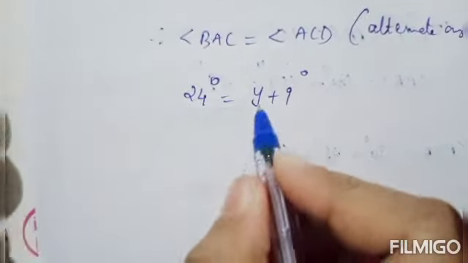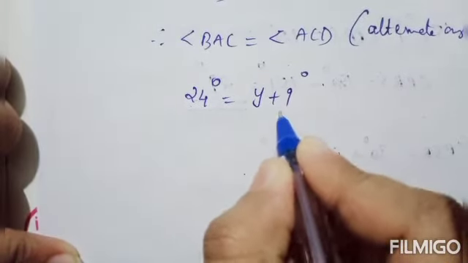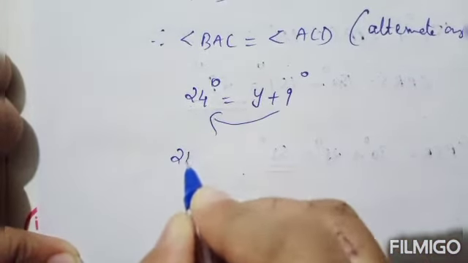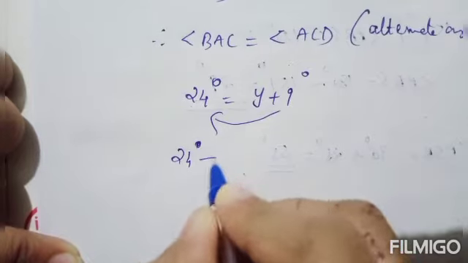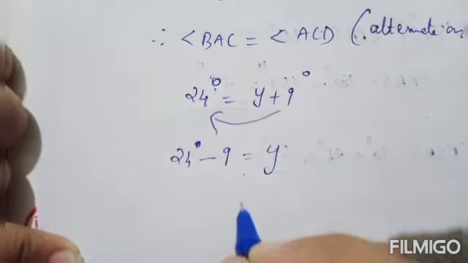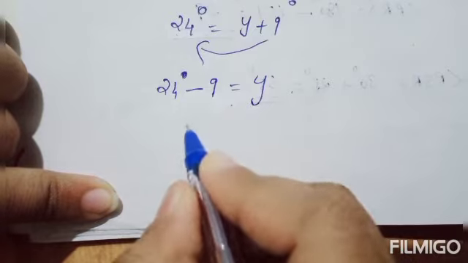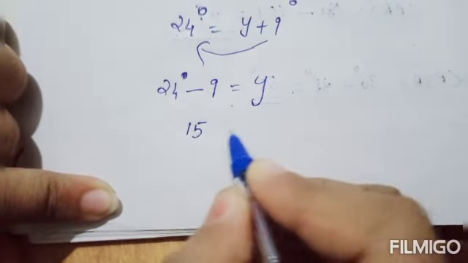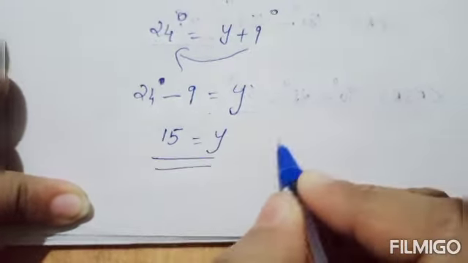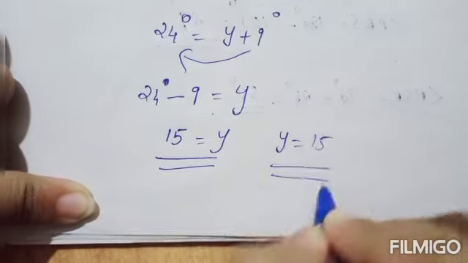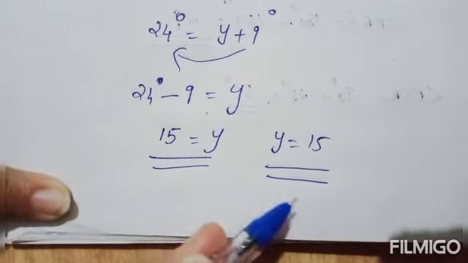Now solve this to find y. The plus 9 you can take to this side, so you will get 24 minus 9 equals y. 24 minus 9 is 15. So y equals 15. The y value we got is 15.